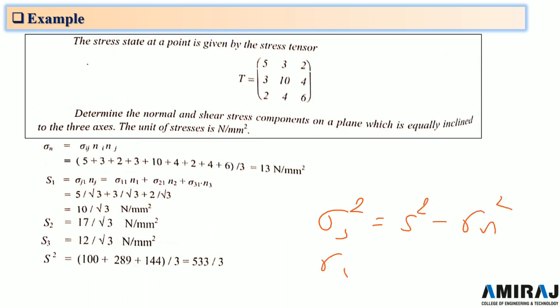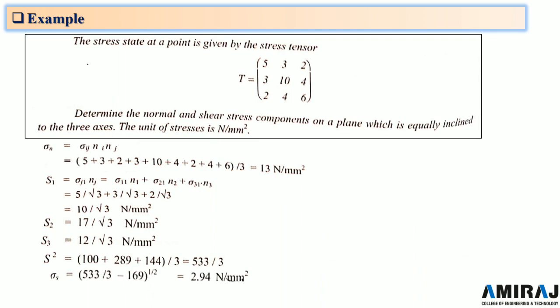So sigma S will be the square root of S square minus sigma n square, that is to the power 1 by 2. From sigma S we can find the shear stress on the given plane. So this is the final answer.